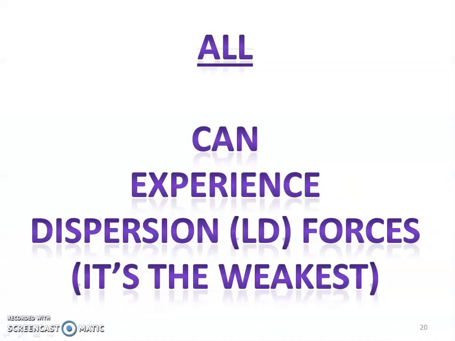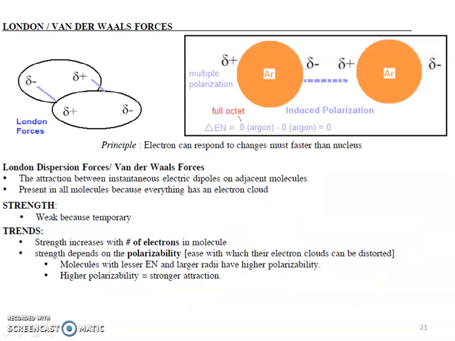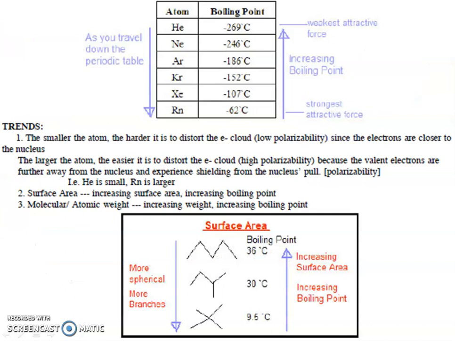So all substances will have what's called London dispersion forces, and that's why it is the weakest of all the IMFs. So again, pause the video and please read over this information.